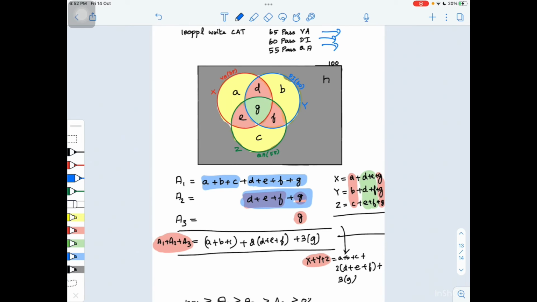So what is the maximum amount of 3 overlapping region that is possible from 65 verbal, 60 DI and 55 quants? 55 is the maximum 3 overlapping region. Even if you look at the light and filter method, here you have 65, here you have 60, here you have 55. What is the maximum possible overlap of 3 regions?